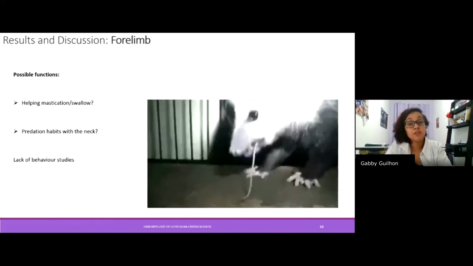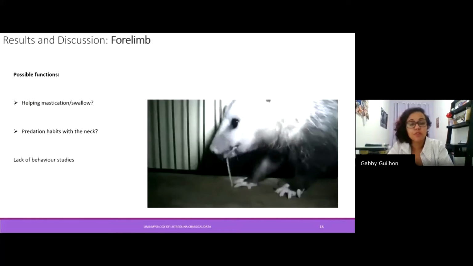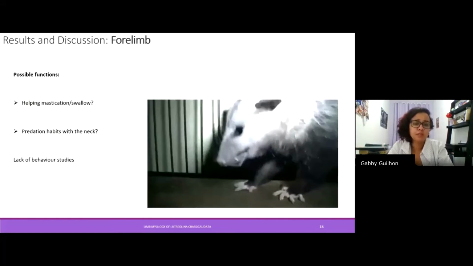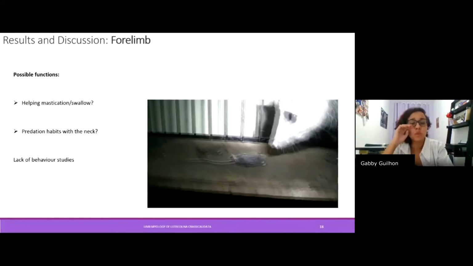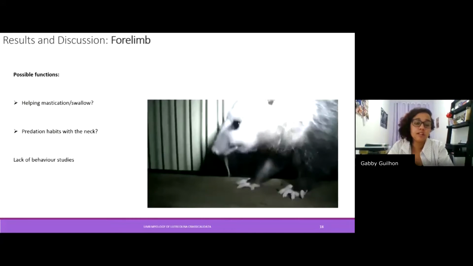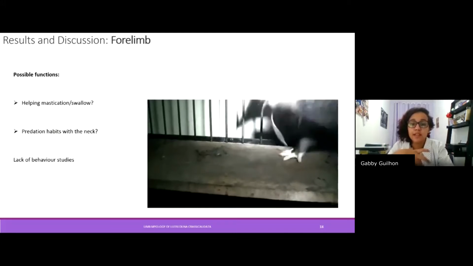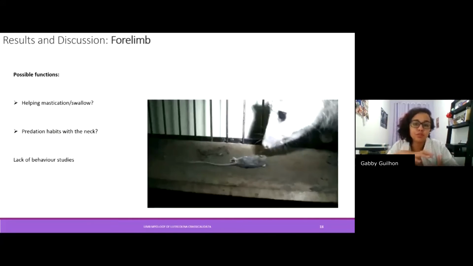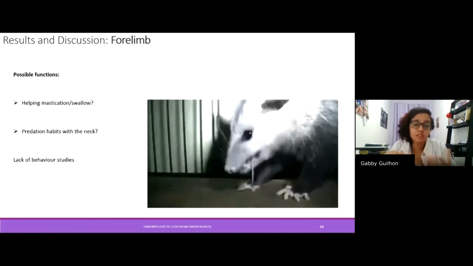And about possible functions of this different morphology in the omohyoid muscle, maybe it could help in mastication or swallowing activities. It could at least be related to predation habits with the neck, because opossums are commonly handling their food constantly.